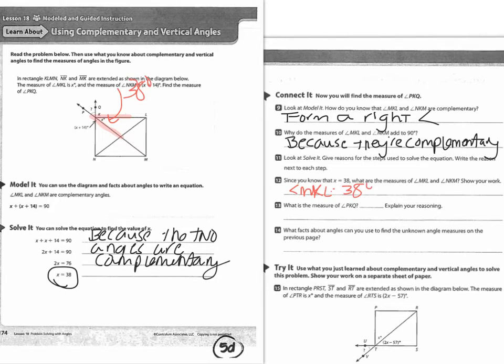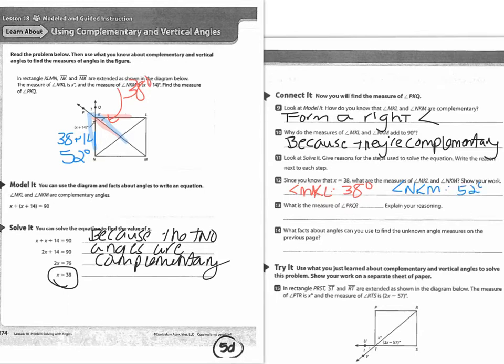And then for angle NKM, that angle was x plus 14. So we're going to take x, which was 38, and add 14. That gives us that angle NKM is 52 degrees.